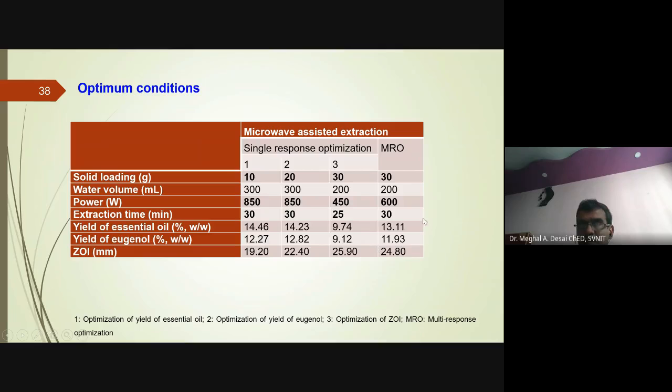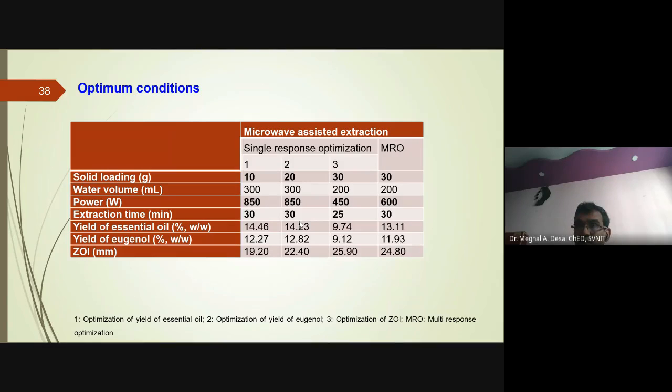If you look at the outcome, 13.11 is the yield, which is lower than these two, but it is not that much low, within, or you can say within 10 percentage, not more than that.